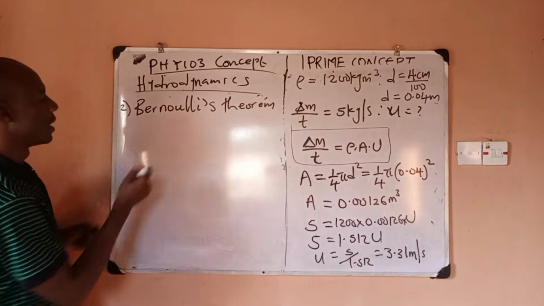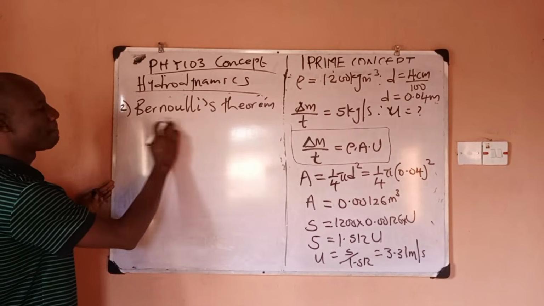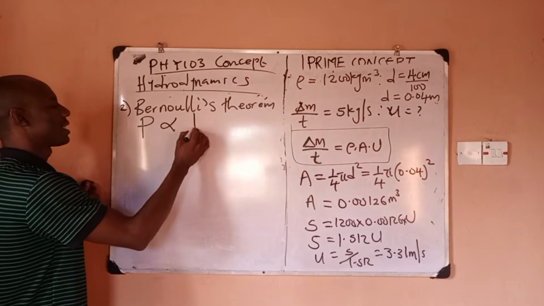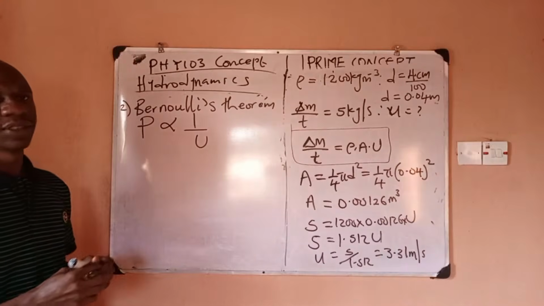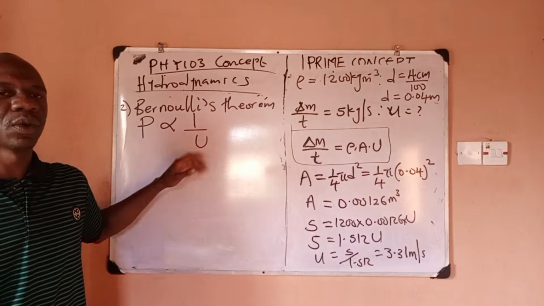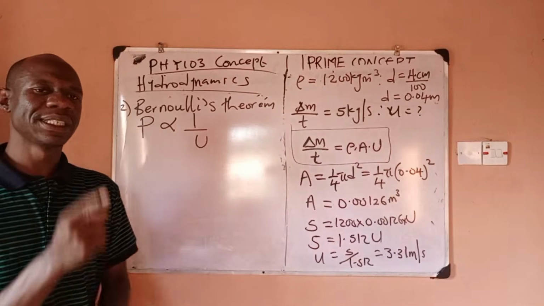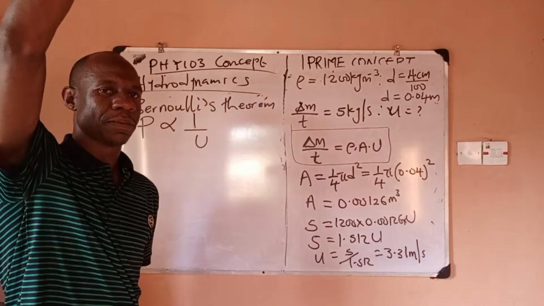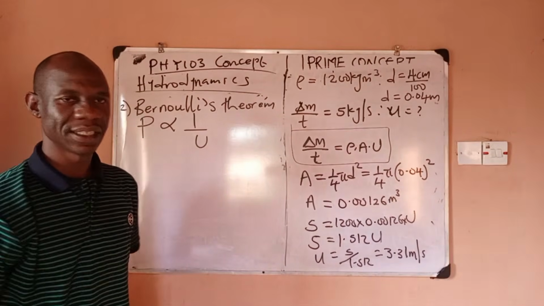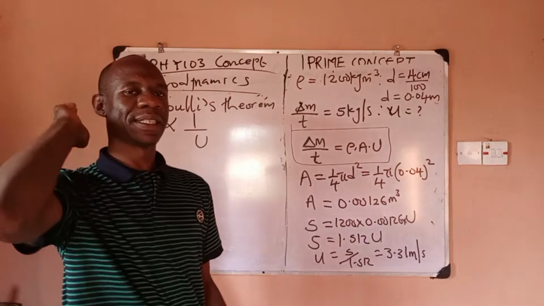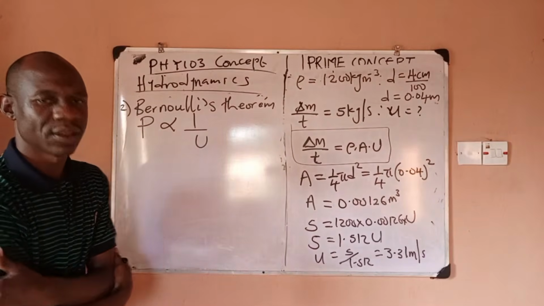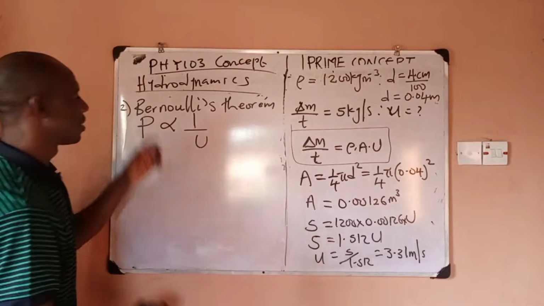So what is Bernoulli's theorem? Bernoulli's theorem simply says that pressure is inversely proportional to what? Velocity. As velocity is increasing, pressure is what? Decreasing. As velocity is decreasing, pressure is what? Increasing. That is what Bernoulli's theorem is talking about.